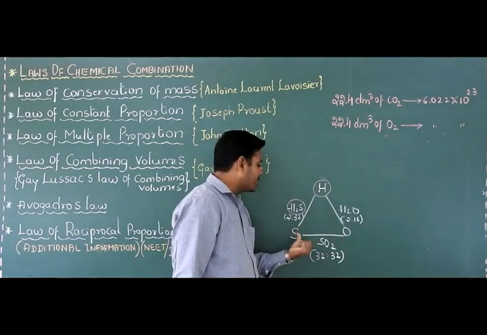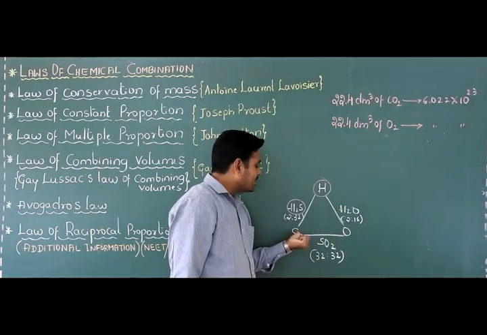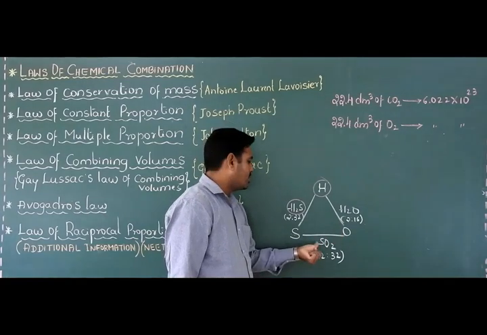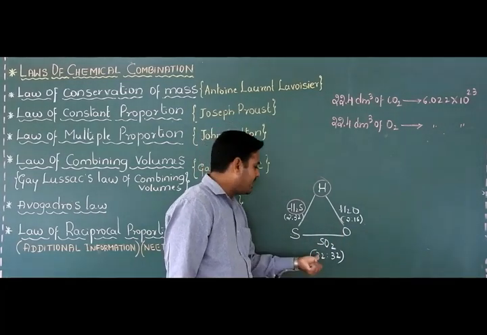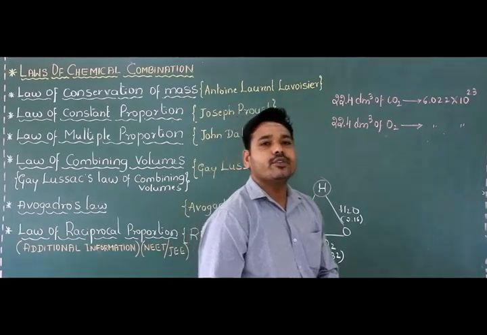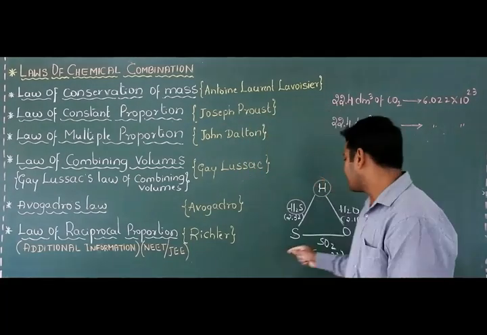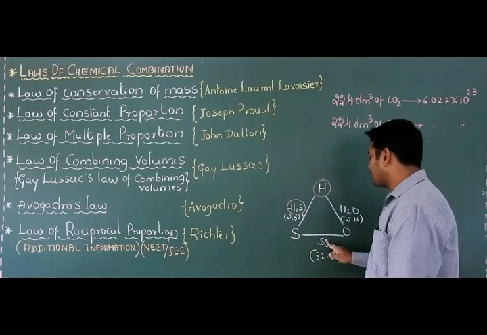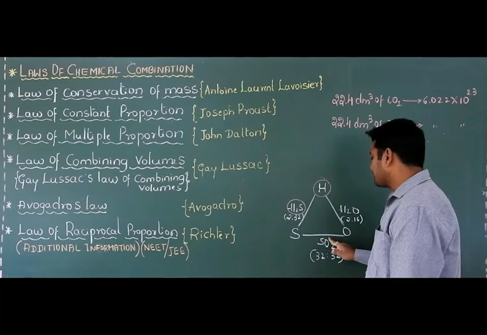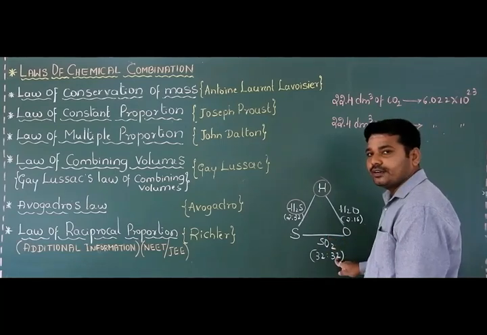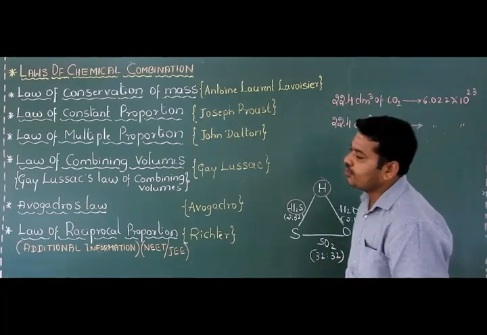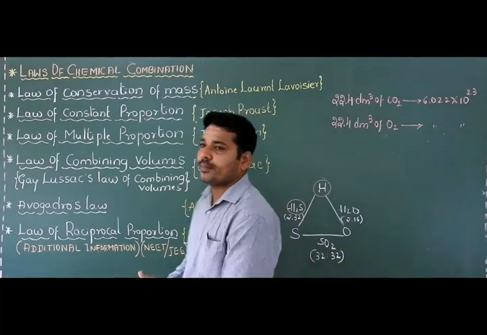And also sulfur combines with oxygen to form sulfur dioxide in the ratio 32:32. That means the mass of sulfur is 32 and the mass of oxygen is 16 into 2, 32, here. Okay, so this is the example for the law of reciprocal proportion, students.